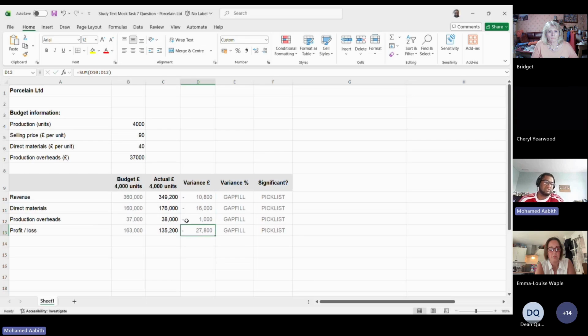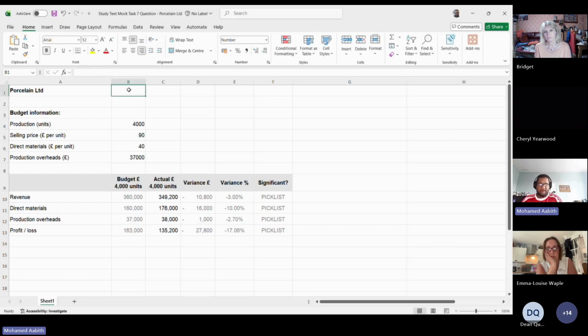Now let's look at the percentages. Percentage is going to be equal to this divided by the budget. 3%, this divided by budget. 10%, this one is equal to this divided by that. 2.7%, the last one is this divided by that.